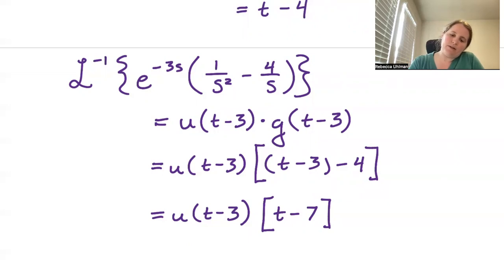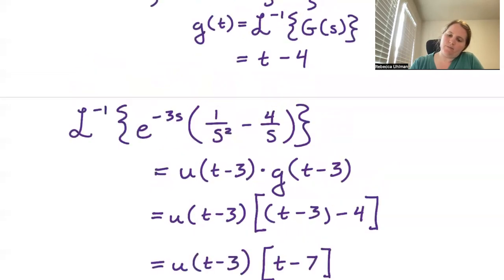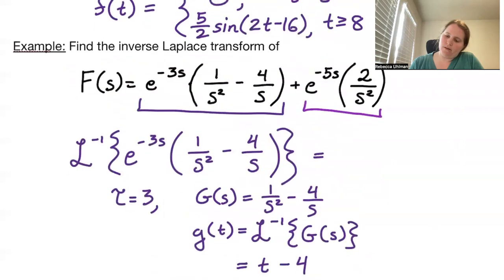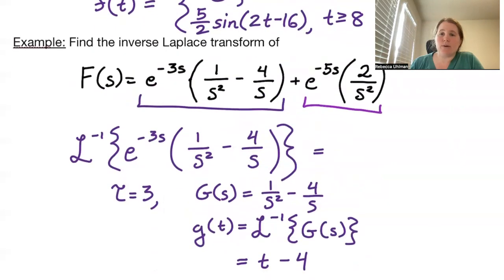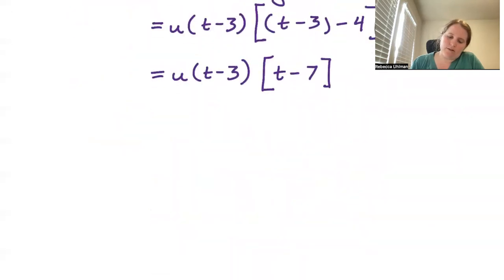Similarly, we need to find the inverse Laplace transform of e to the negative 5s times 2 over s squared.